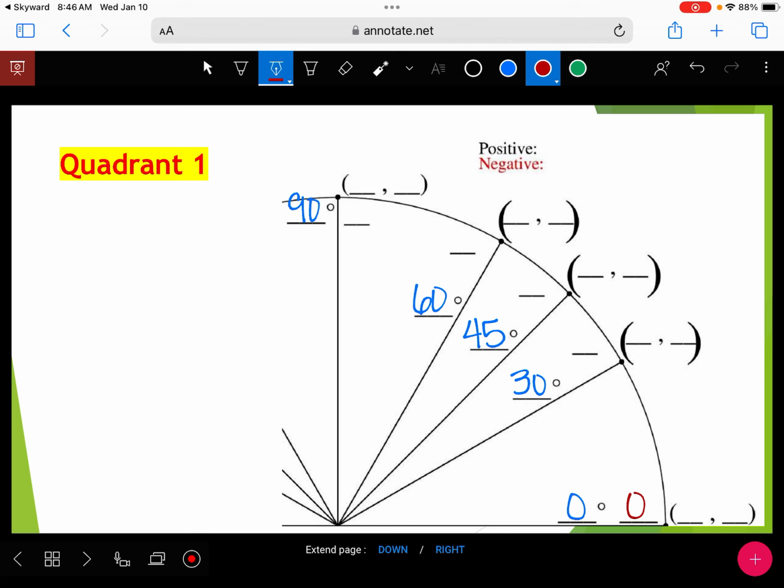Remember, we're essentially multiplying by pi over 180. 30 divided by 180 reduces to 1 over 6, and that's why this would be pi over 6. 45 degrees in radians is pi over 4. 60 degrees in radians is pi over 3 because 60 divided by 180 reduces to 1/3. What do you think 90 will be in radians? Pi over 2.